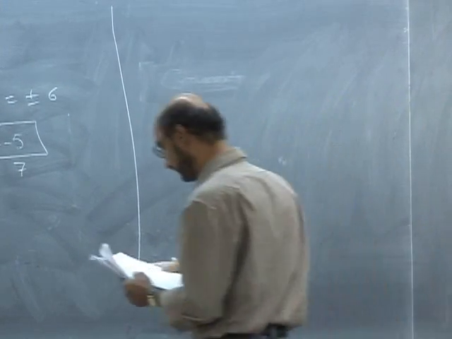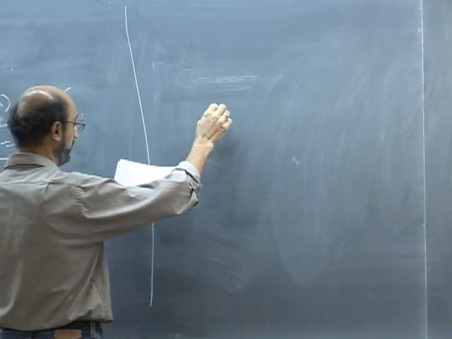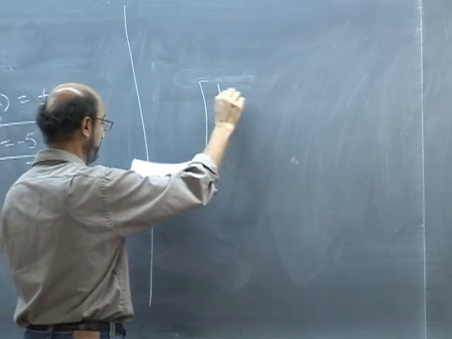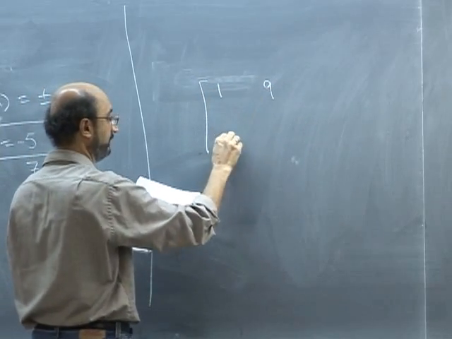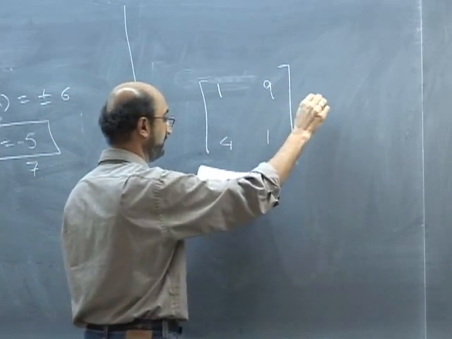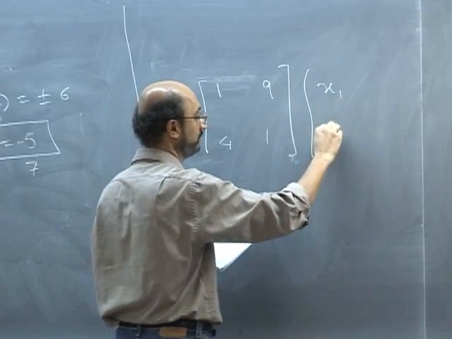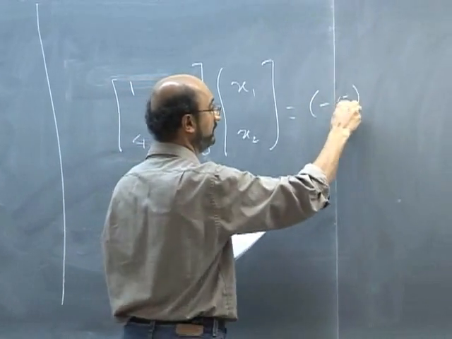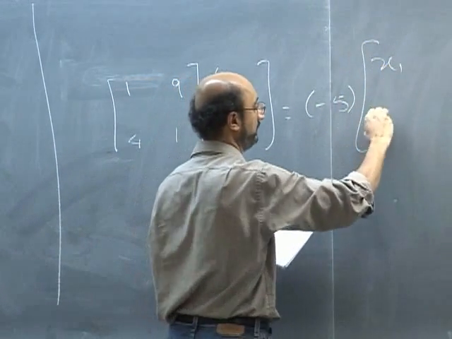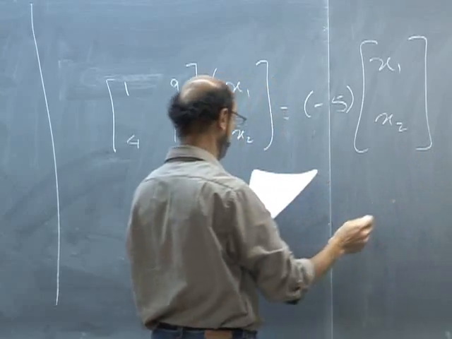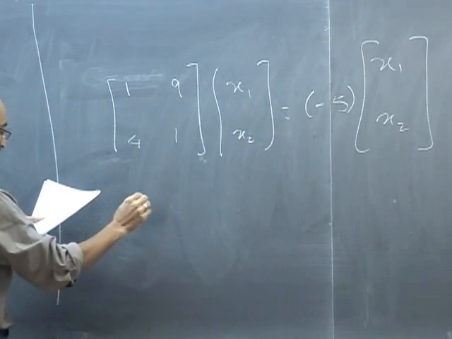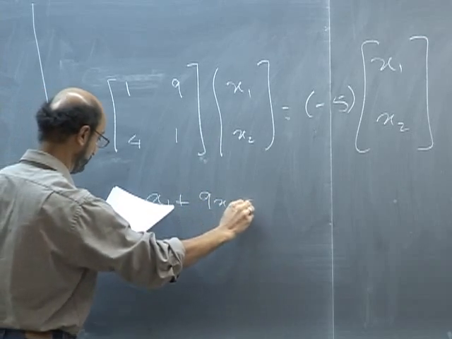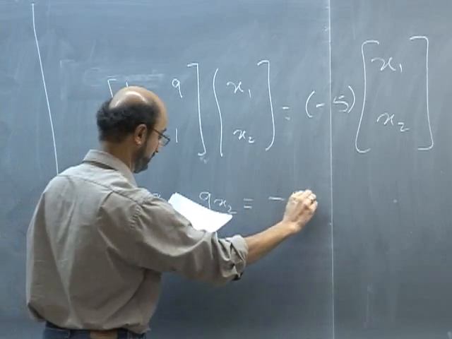So we want to do this, just 1, 9, 4, 1 times, by definition, x1, x2 equals minus 5 times x1, x2, which you can expand to get x1 plus 9x2 equals minus 5 x1.